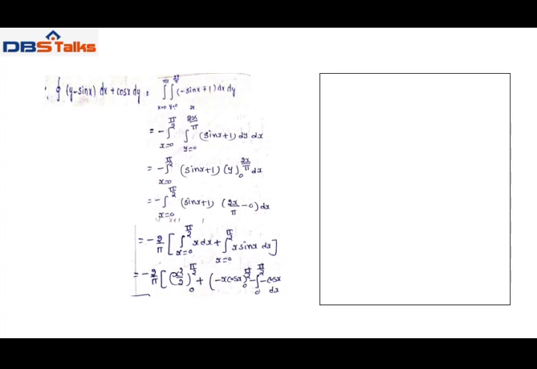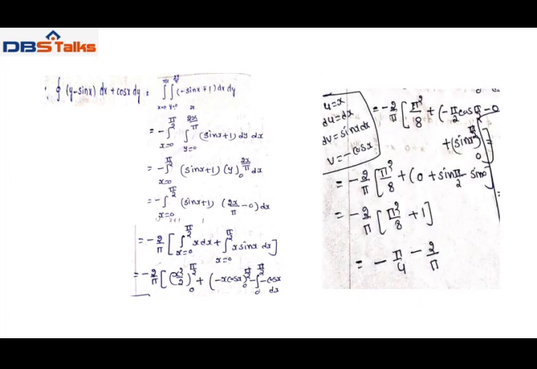So, this is the formula of integral u dv. That is minus 2 by pi into x square by 2, substitute upper limit pi by 2 and lower limit 0. We get pi square by 8 plus minus pi by 2 cos pi by 2, lower limit is 0, plus integral cos x is sin x with the limits 0 to pi by 2.